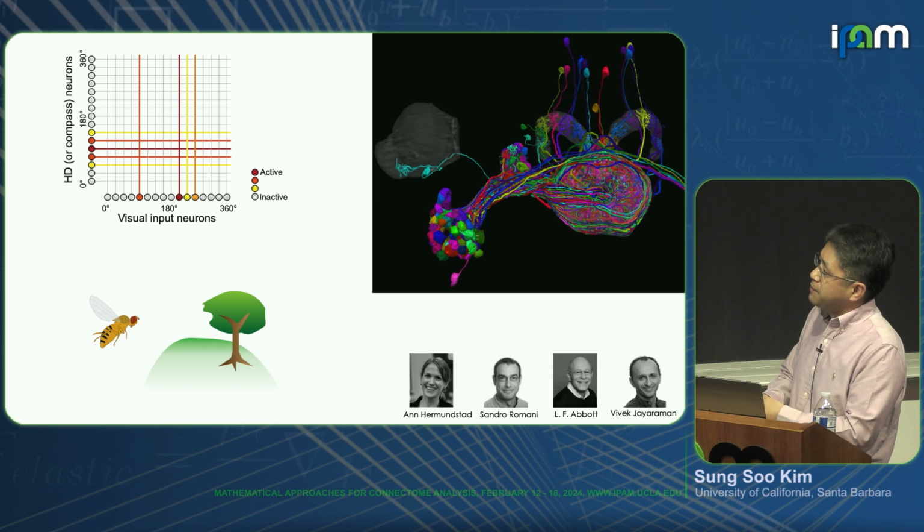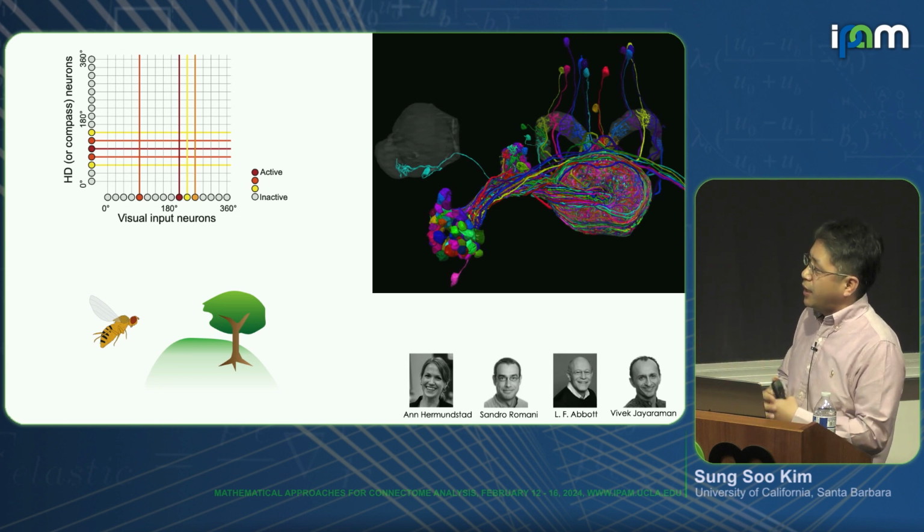And vertical lines represent the axonal process of the visual input neurons. Horizontal lines represent the dendritic process of compass neurons. Red means high activity, gray means no activity, and the cross means the synapses between visual input neuron and compass neuron.